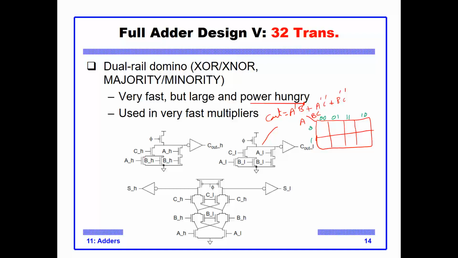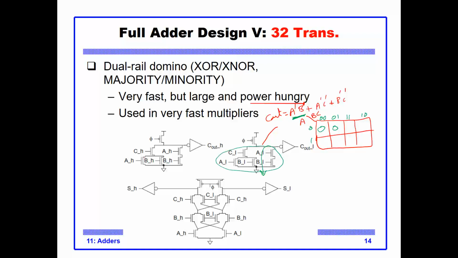And of course, this A prime B prime gives me zeros here. Notice I'm saying zeros. Why zeros? Because when A prime B prime is on, I will discharge, because the dynamic circuit has two phases. First phase we charge up to VDD and then we discharge conditionally based on the value of the inputs.